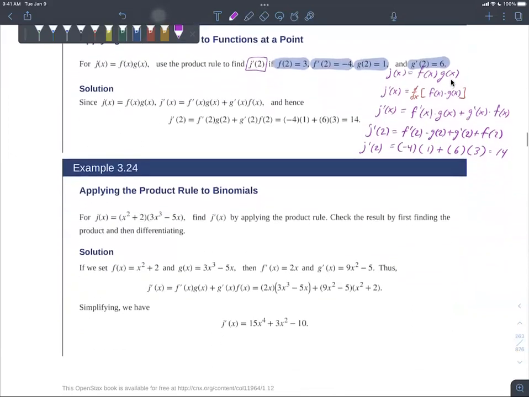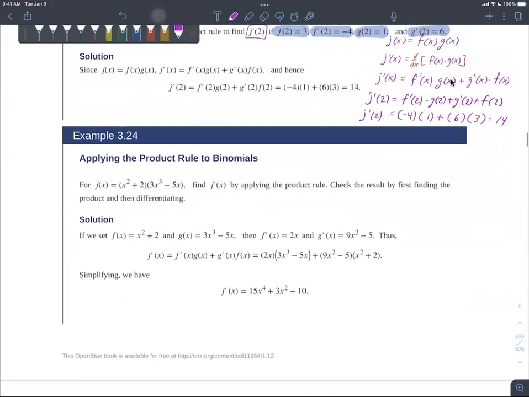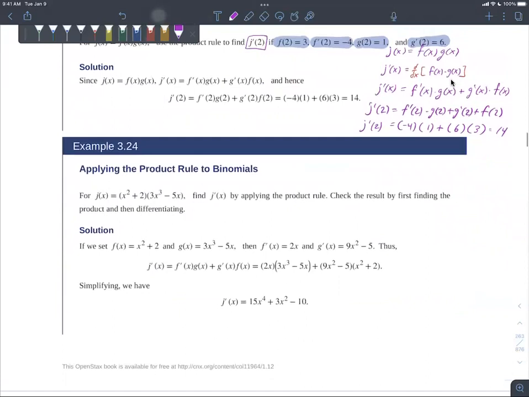Now, there are multiple ways to do some of these problems sometimes. So here in example 3.2.4, we're given a function, again we're calling it j of x. And this function is the product of two functions.